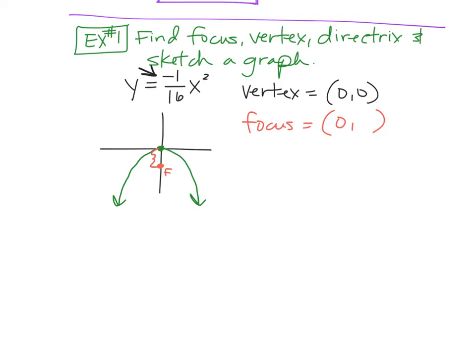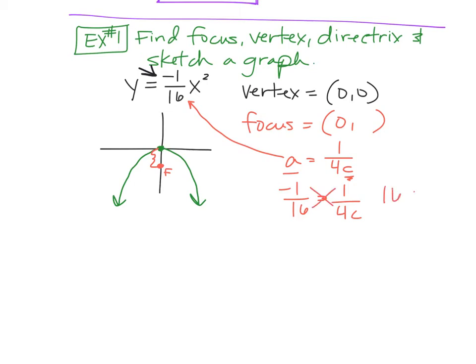The way we find that is using our formula, because the formula says A equals 1 over 4C. We need C. We know A. What's our A term? It's that guy, right? So I know that -1/16 equals 1 over 4C, and I can just cross multiply that.